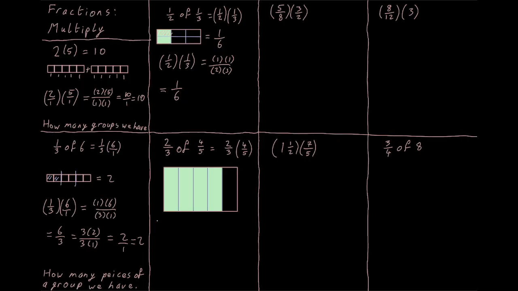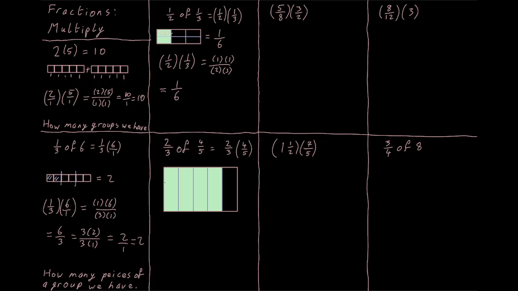This large rectangle here is my single unit, and I have colored in 4/5 of it. How would I get 2/3 of the green section? Well, I can't easily figure out what a third of these 4/5 is. So what I'm going to need to do is break up my unit into more pieces. I'm going to need to actually break it up into 15 pieces.